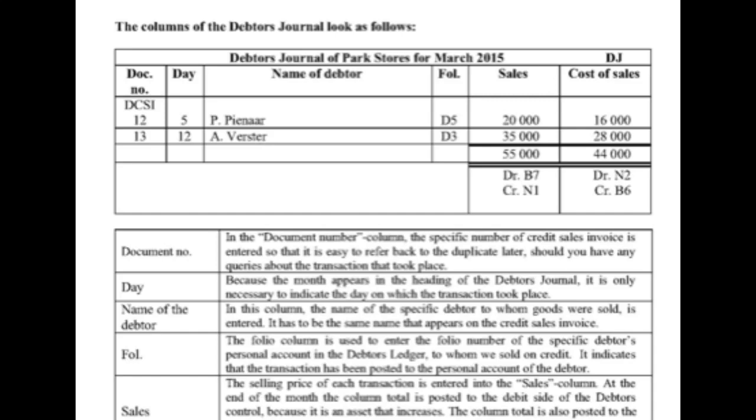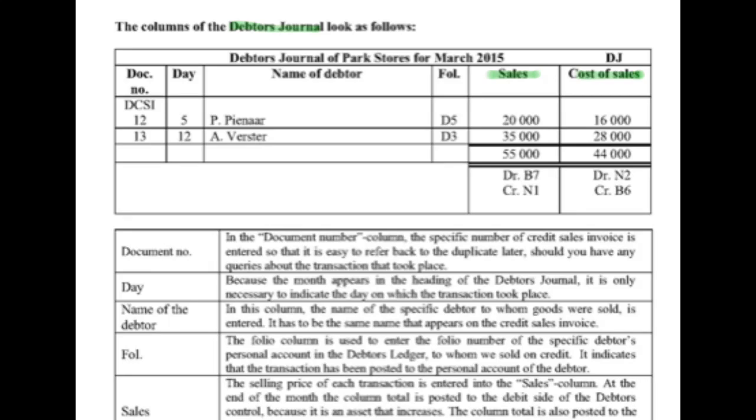When you now look at the debtors journal, you will see it is very short and sweet. It only consists of 2 columns and there are no sundry accounts added afterwards. It only consists of sales and cost of sales columns. Now let's look in detail at what each of these columns means.